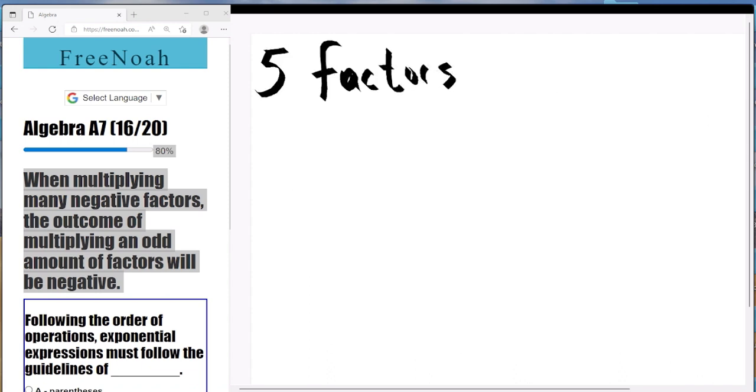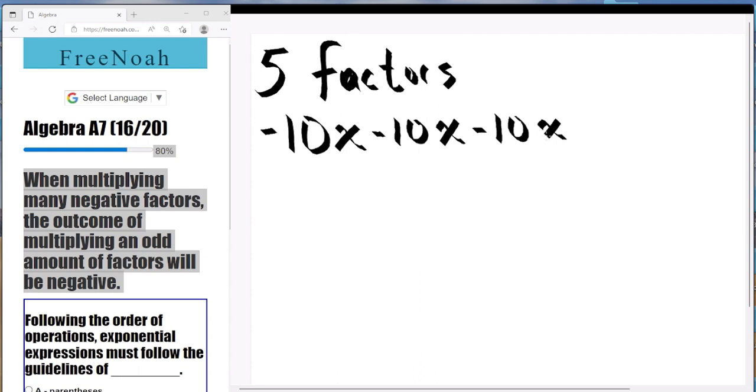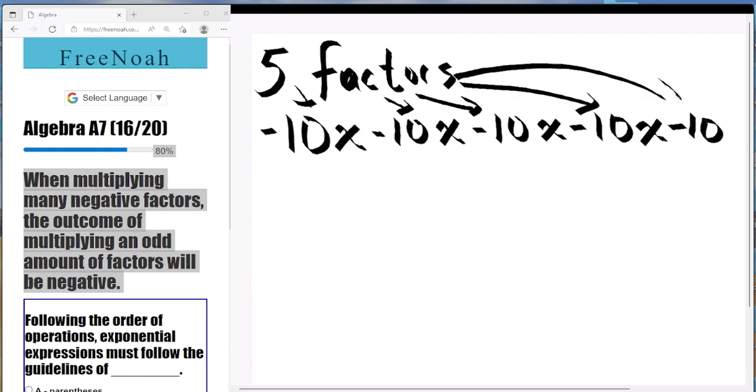Now let's go ahead and multiply negatives, but this time we use 5 factors, an odd amount of times, and we're going to use the number negative 10. So negative 10 times negative 10 times negative 10 times negative 10 times negative 10. 1, 2, 3, 4, and 5.